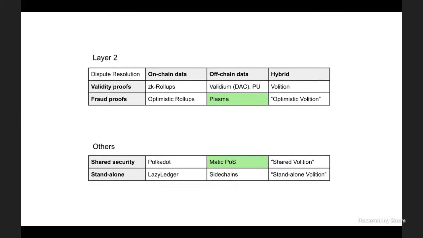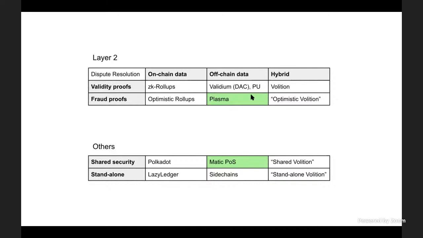So there are basically many techniques that are being explored, but none of them, of course, can offer the guarantees of Ethereum. So with any scalability solution, basically the point is it's all about trade-offs.